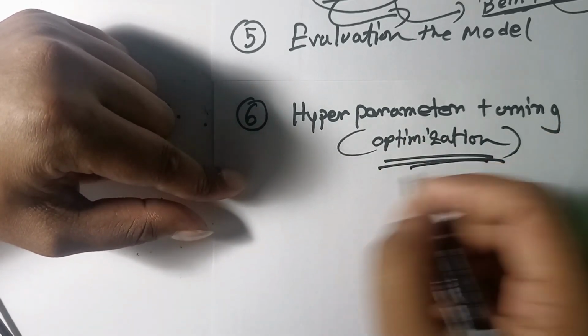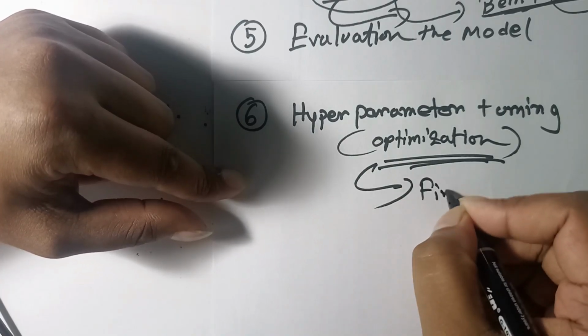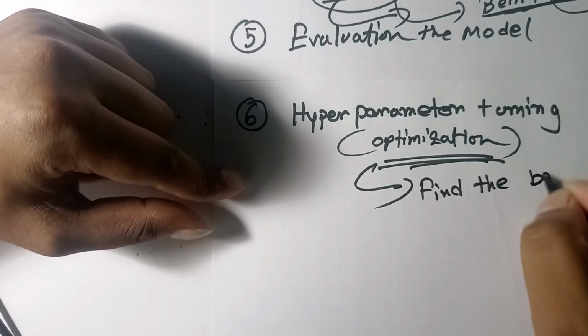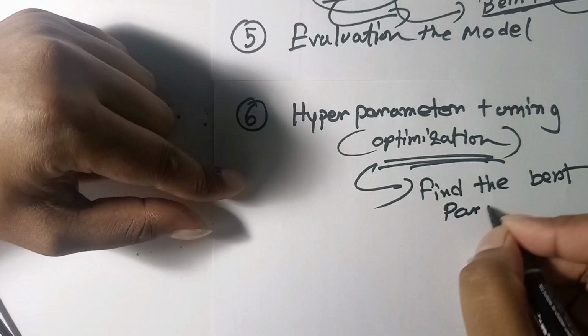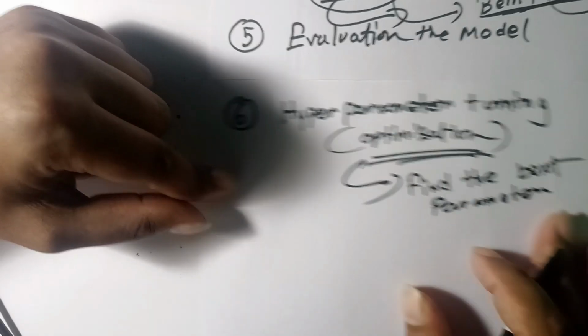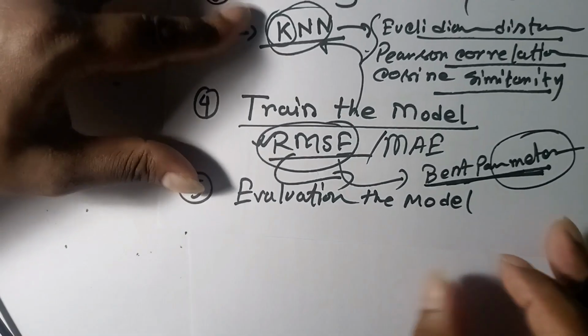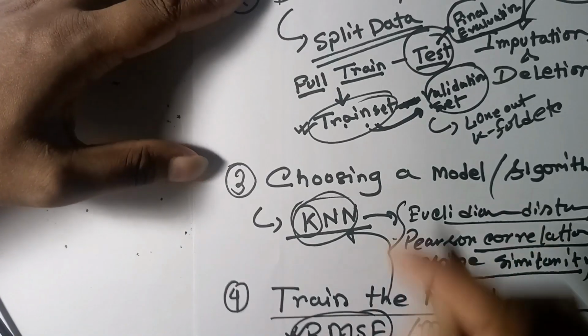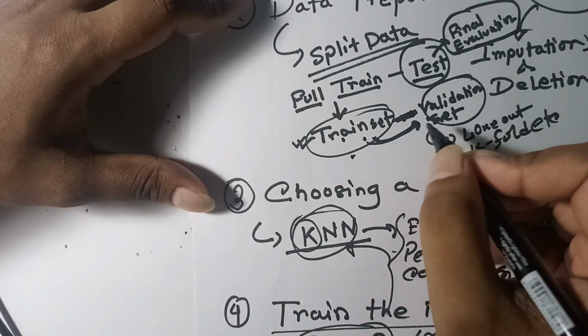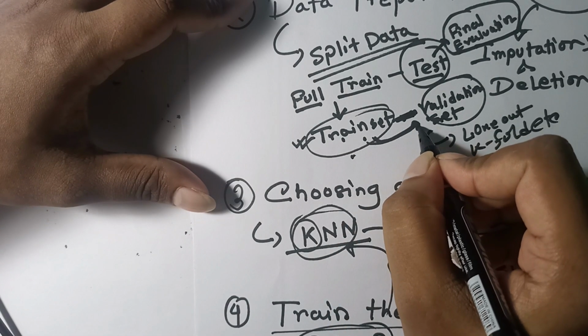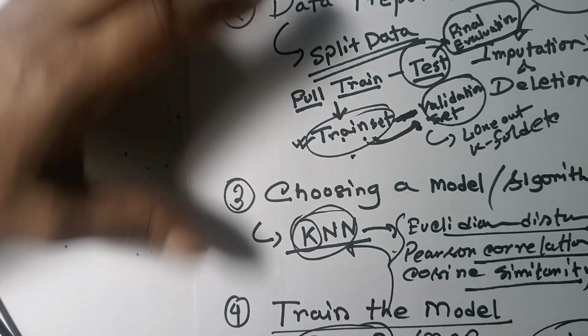What we optimize here, basically we find the best parameter. From this train and validation, after performing, we will find the best parameter.